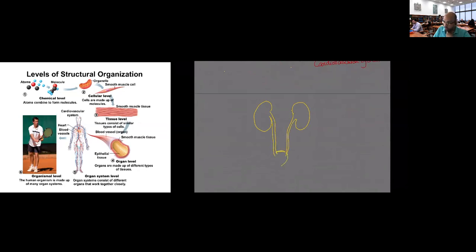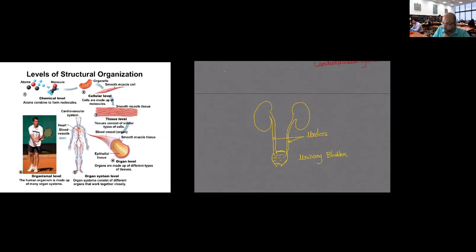And this urine that will be formed is going to be drained down from the kidneys through muscular tubes. We call those the ureters. And those droplets of urine will be accumulated within a muscular sac located in the pelvis. This is called the urinary bladder.